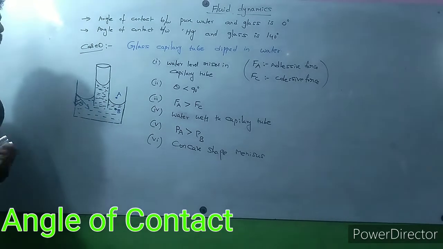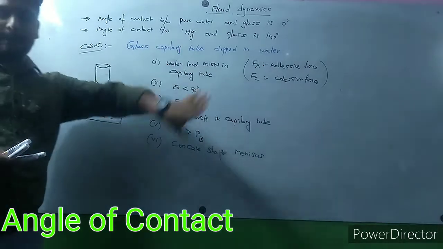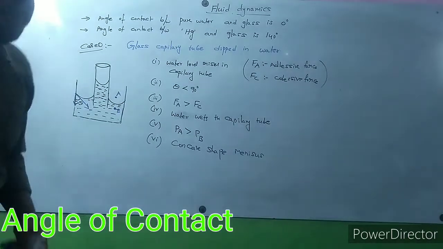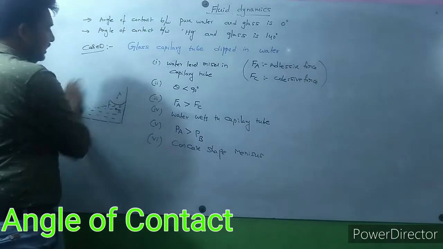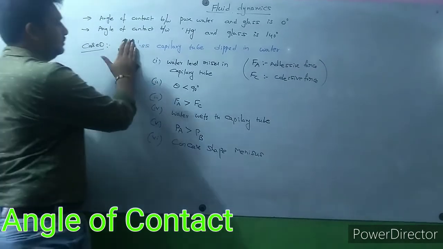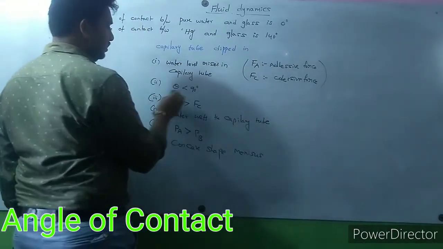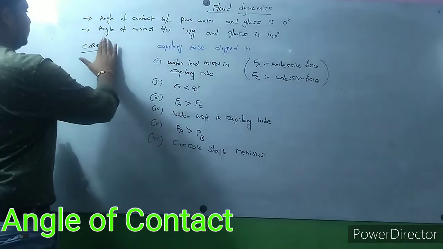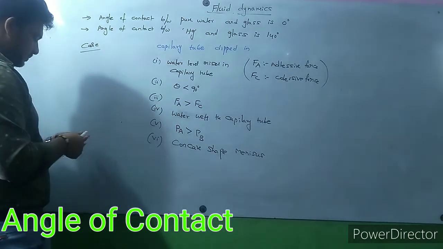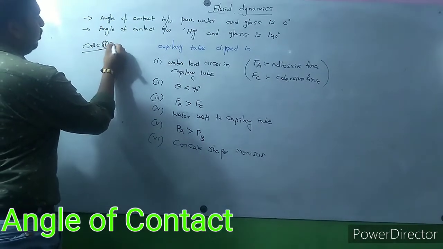Next, sorry, a glass capillary tube dipped in mercury. This is case 2, so next we will discuss case 2. Very important case.